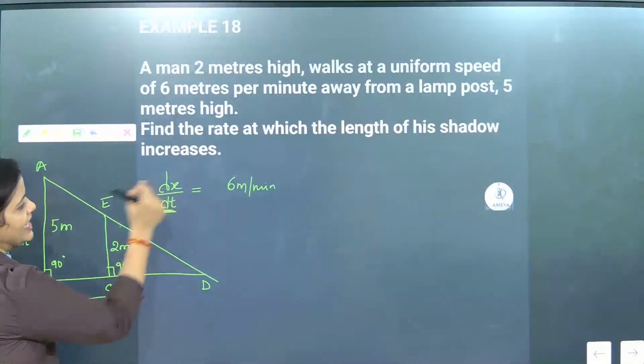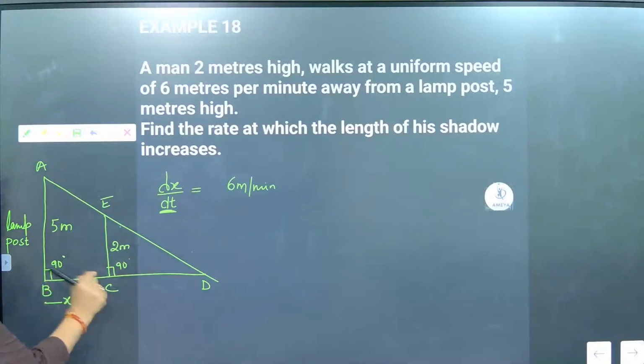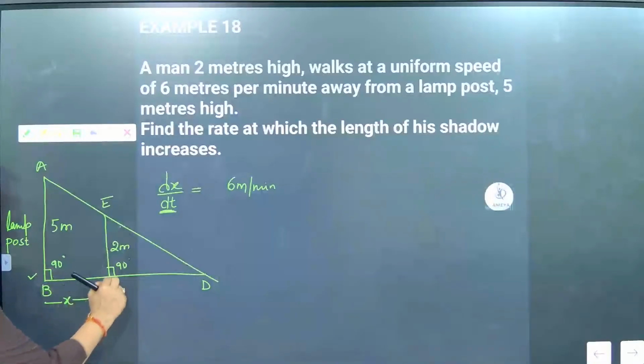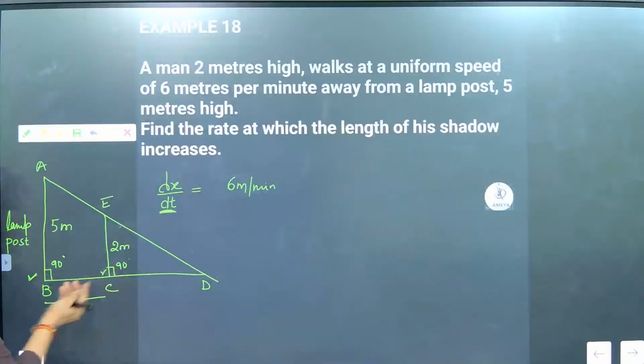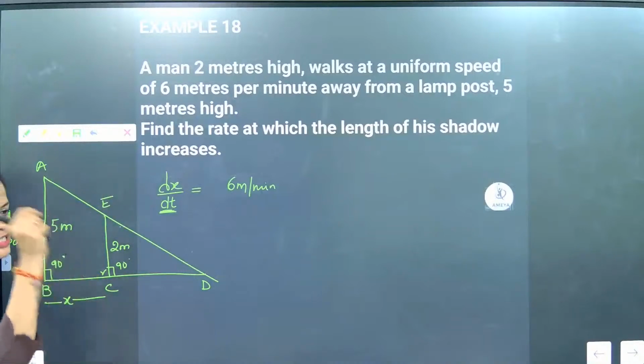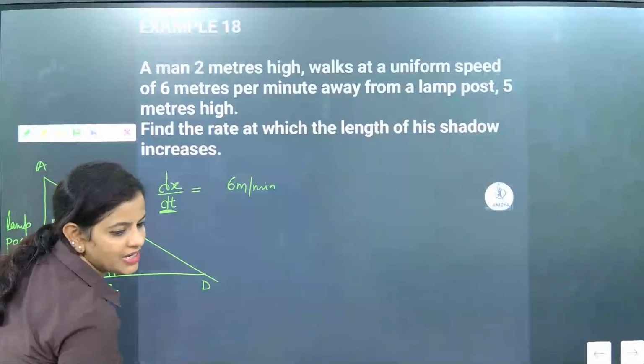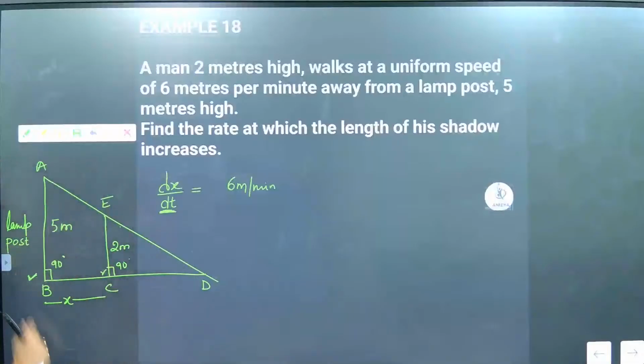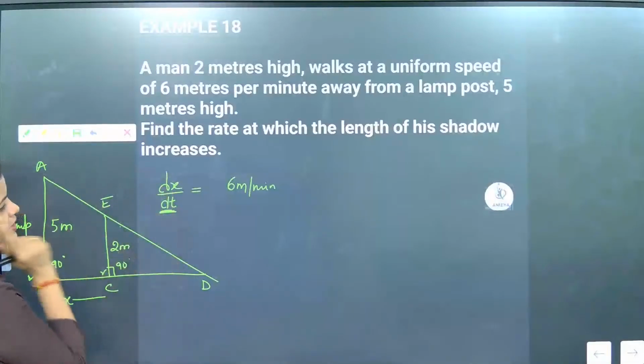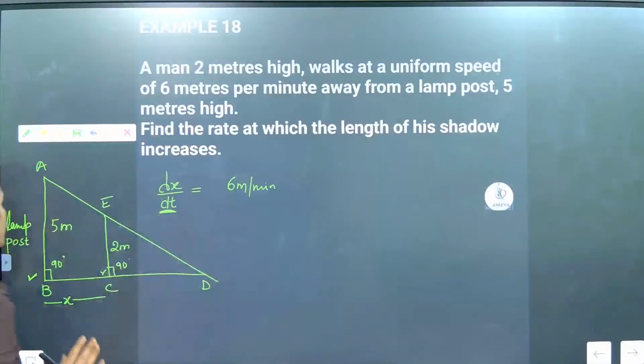That is why we are writing dx by dt. Understood? The distance between the foot of the lamp post and the foot of the man is taken as x, and since the man is moving, it is considered as dx by dt. Here this dx by dt is coming as 6 meter per minute.